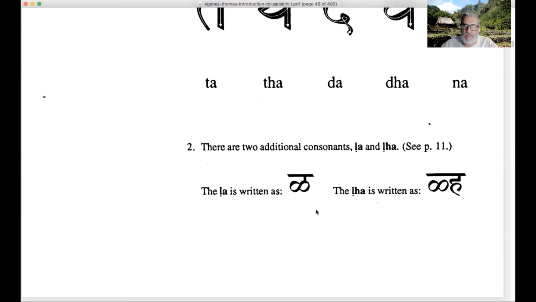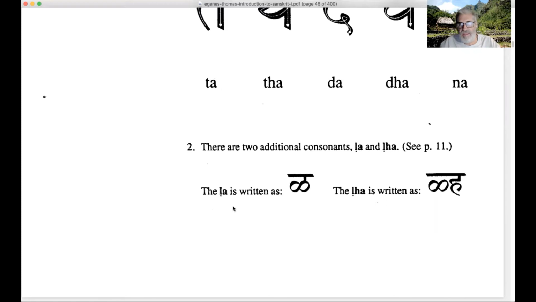This is a Vedic L. It also comes in some other languages in South India, like Tamil. But anyway, it is written like this, with an L with a dot under it.